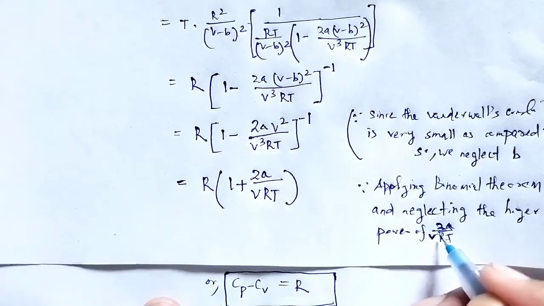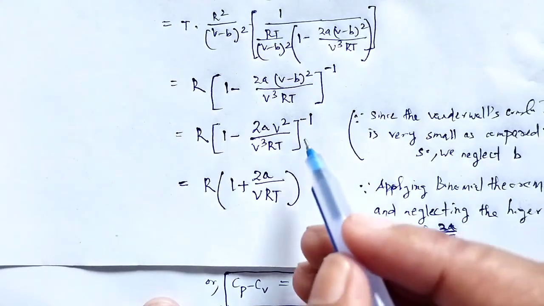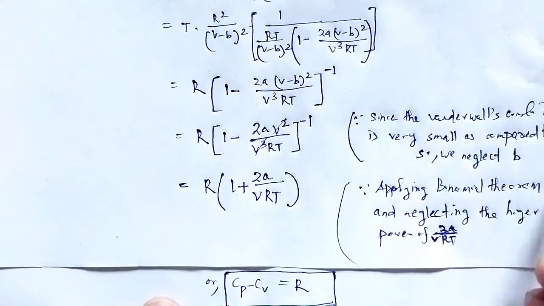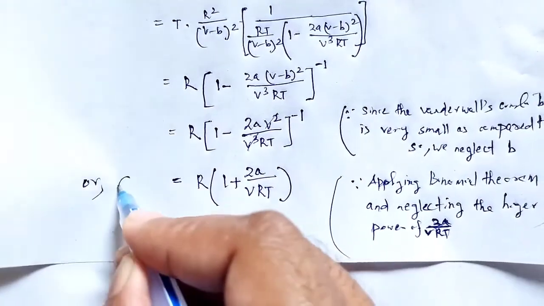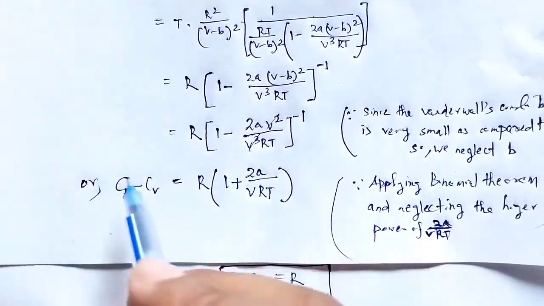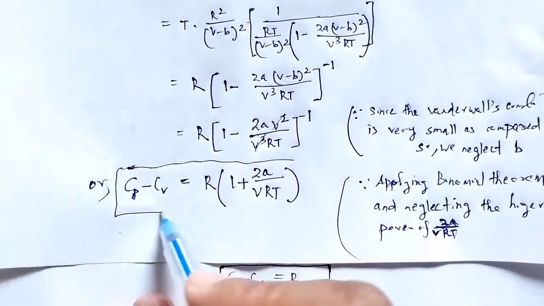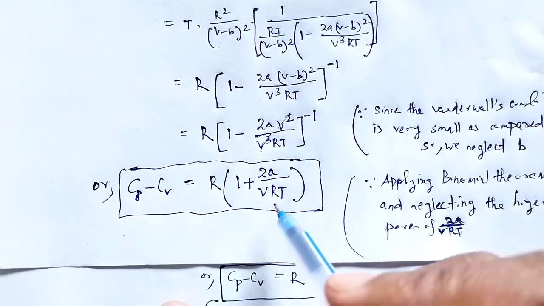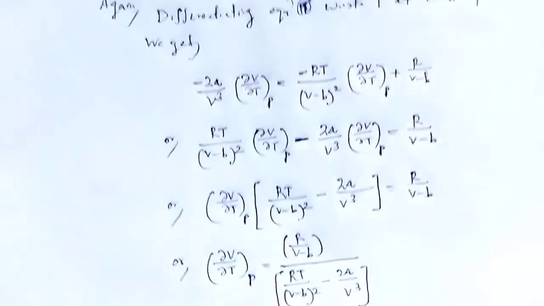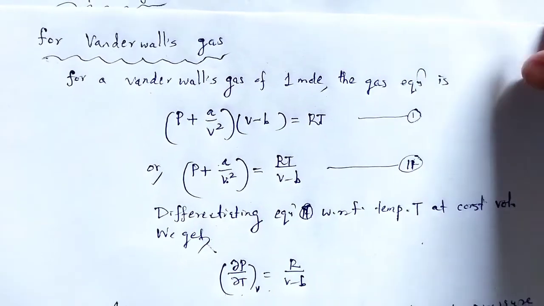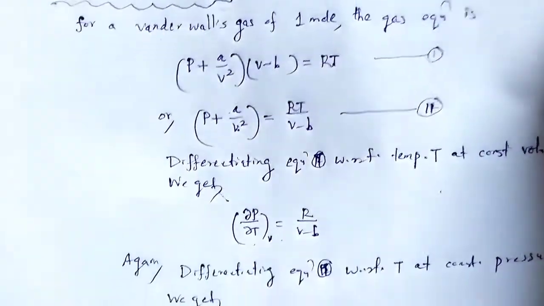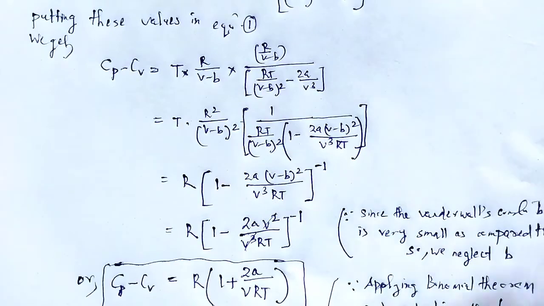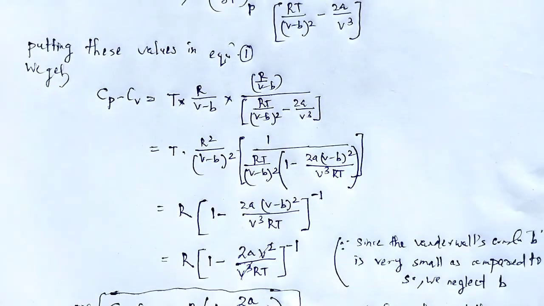Finally we get Cp minus Cv for van der Waals gas is equal to R into 1 plus 2a divided by VRT, that for van der Waals gas. Now we take any substance and derive what should be the value of Cp minus Cv.